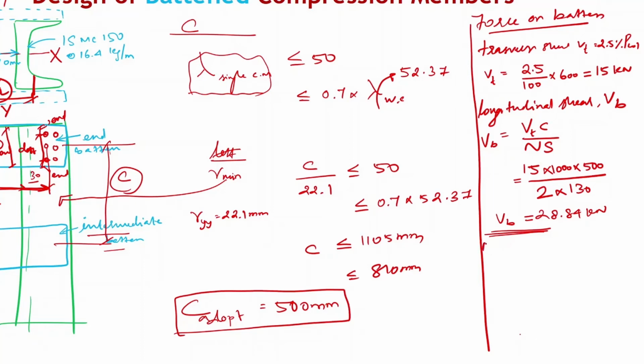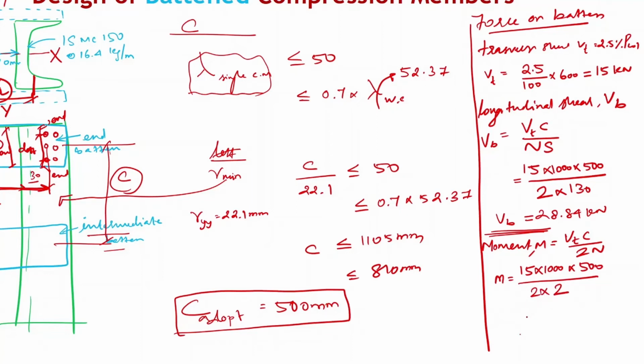Likewise, the moment coming to the batten, M is equal to Vt C by 2N. So Vt is 15 kilonewton. So let me multiply with 1000, and C is again 500, divided by 2 times N, N is always 2, front and back.